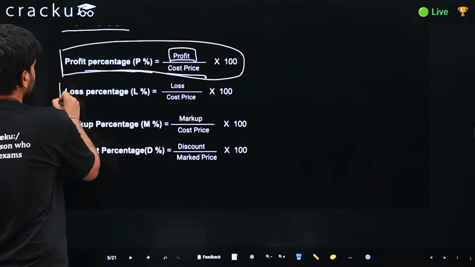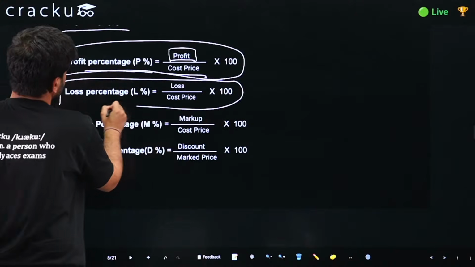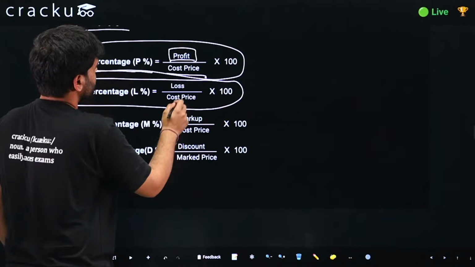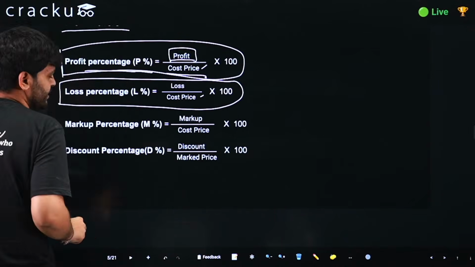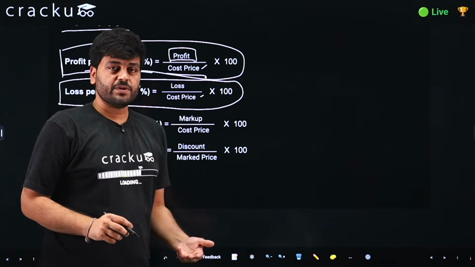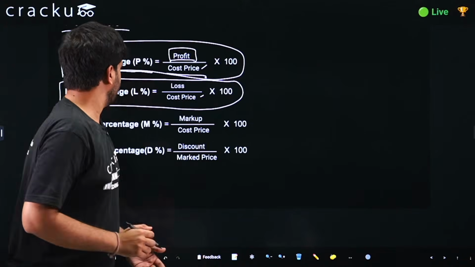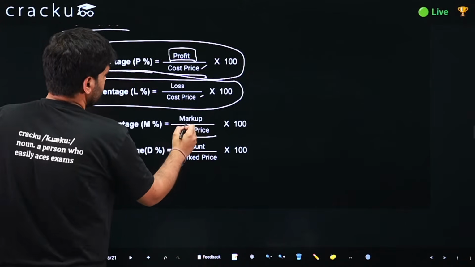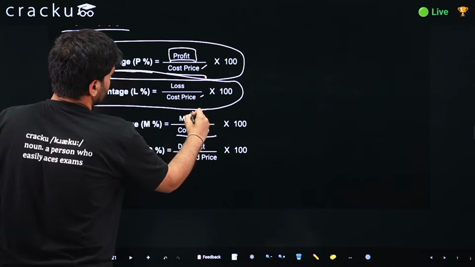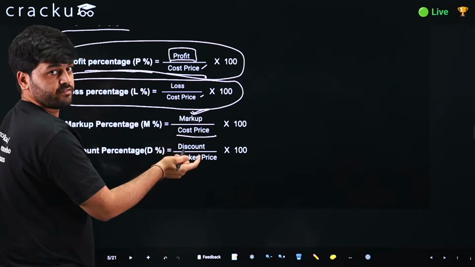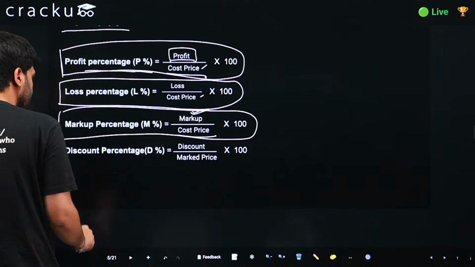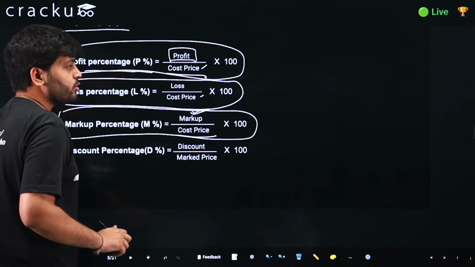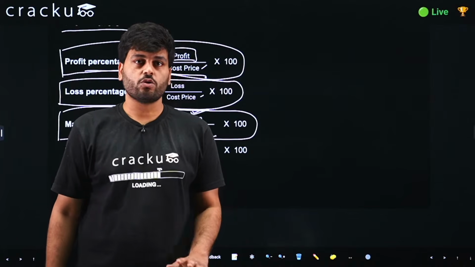Loss percentage, similarly, is loss upon cost price. Profit and loss are always calculated on the basis of cost price. Markup percentage as well is calculated on cost price, but here the numerator would be markup, whose formula we just saw. Discount percentage. Now discount is not calculated on cost price.